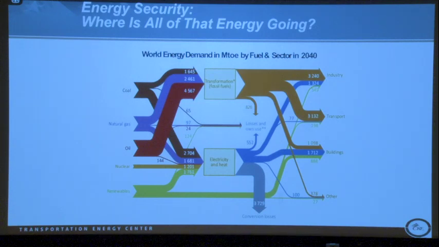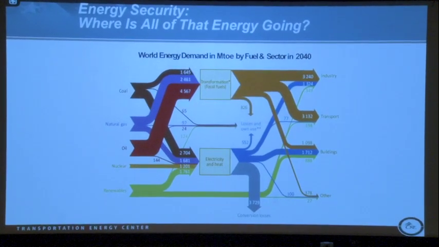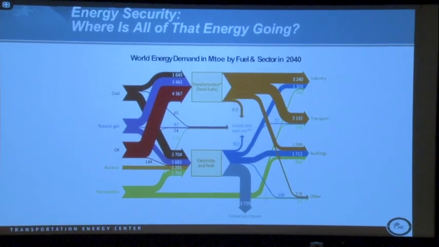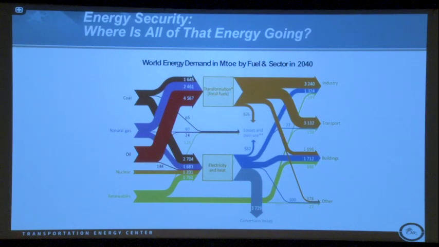So where is all that energy that we derive from fossil fuels and from renewables, solar and wind and other sources, and nuclear going? This is a chart put out by the International Energy Agency that looks at where the sources are and where that energy is going.